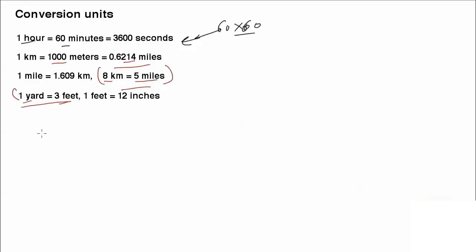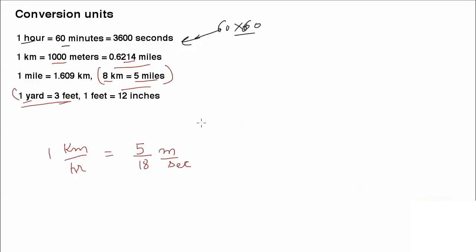Okay, so let's convert kilometer per hour to meter per second. 1 kilometer per hour is equal to 5/18 meters per second.